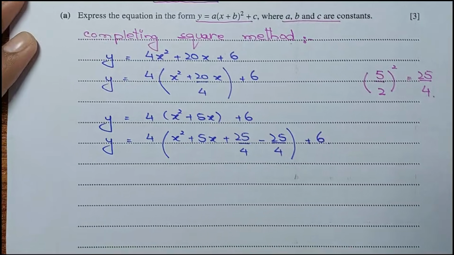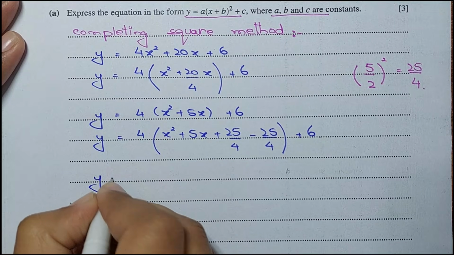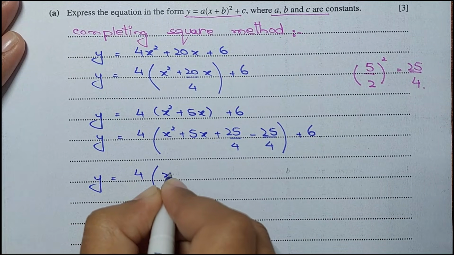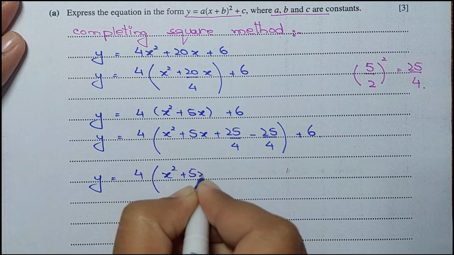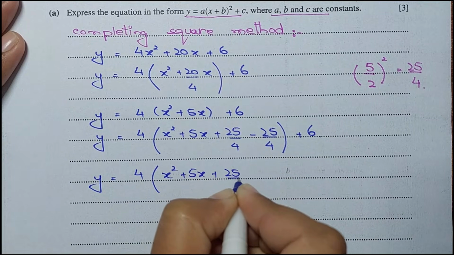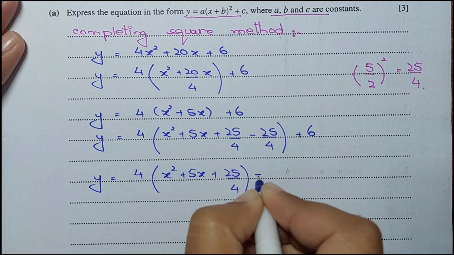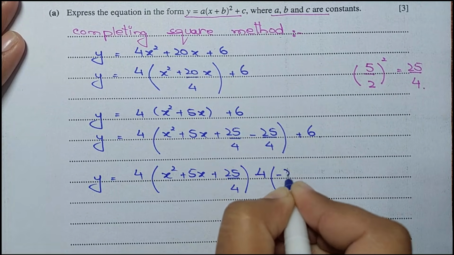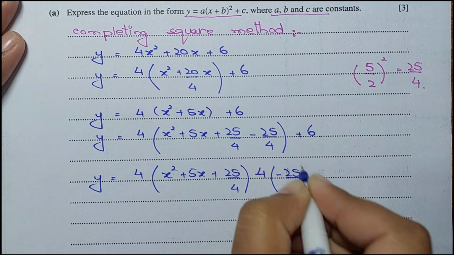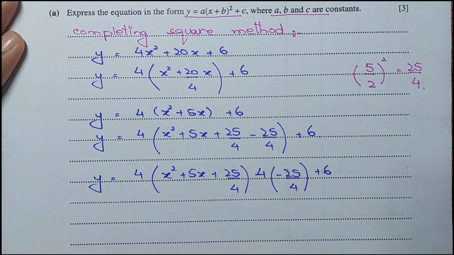Now combine the first three terms. Y equals 4 is combined with the first three terms inside the bracket, and minus 4 is multiplying with minus 25 by 4 and plus 6 is as it is, right?